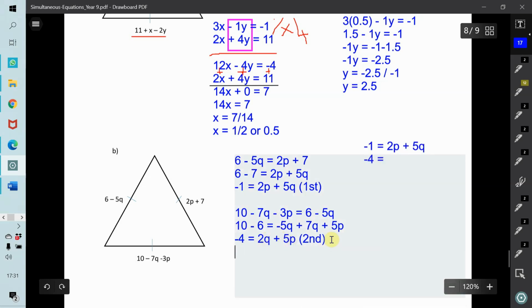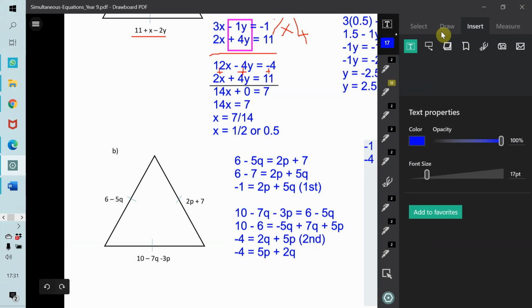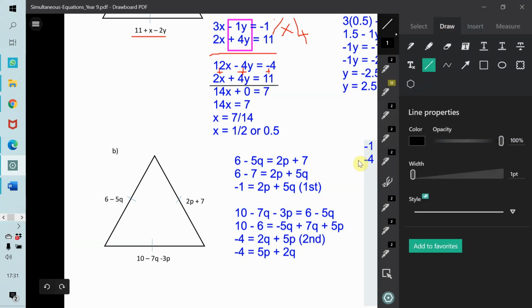So minus 4 equals 5p plus 2q. I just flipped these two terms around so that the p is with the p and the q is with the q. I'm just noticing, all right? 5p plus 2q. I can draw a line.